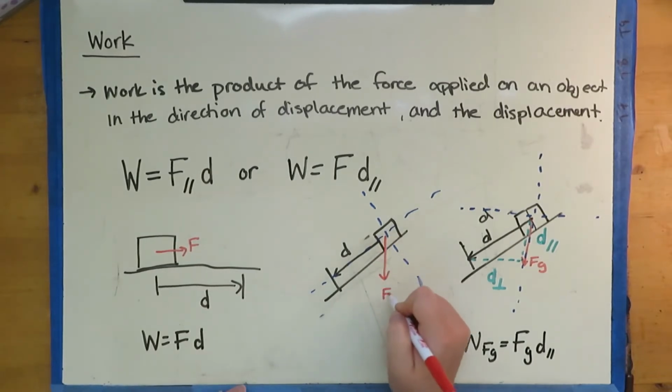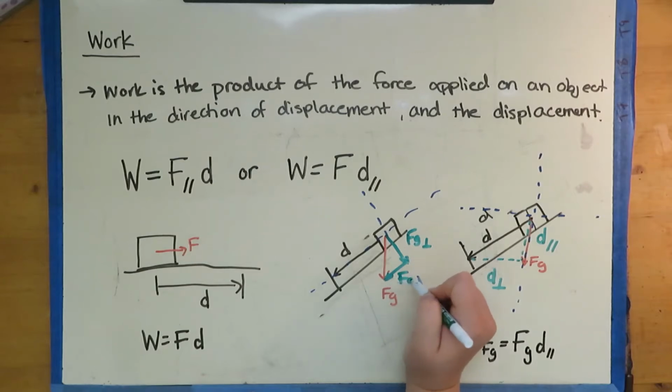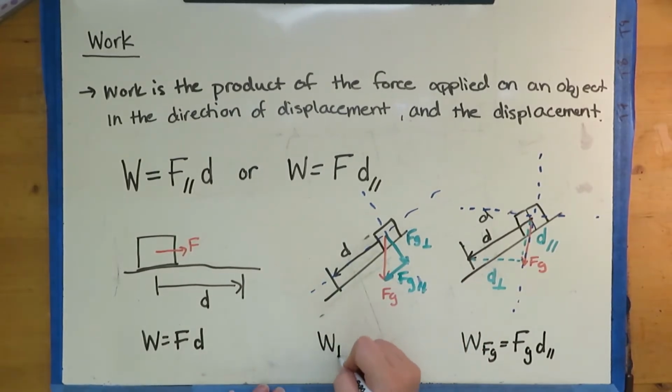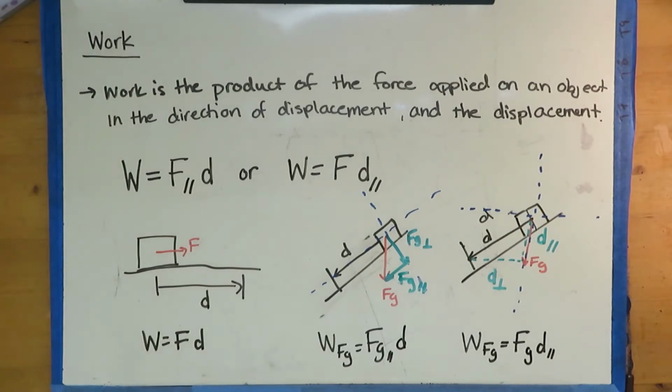I would have my FG, and instead I could find the components of gravity that are perpendicular and parallel to my displacement. And the work done by gravity will equal FG parallel times D. And these will equal each other. So these two methods are equal. And there'll be problems in class where we can actually do those calculations to prove that they're equal.